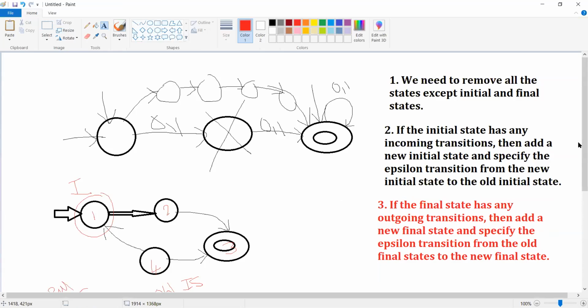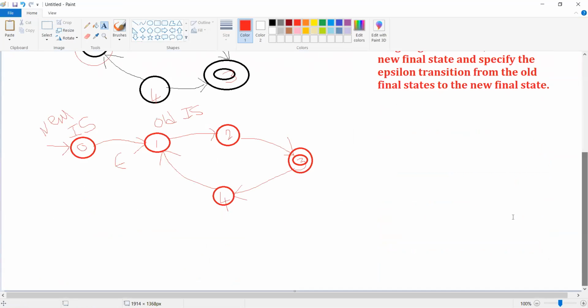Let me explain with an example. For the final state, we need to have only incoming transitions but no outgoing transitions. Let's take one small example. This is my initial state, then some intermediate state, and this is one final state.